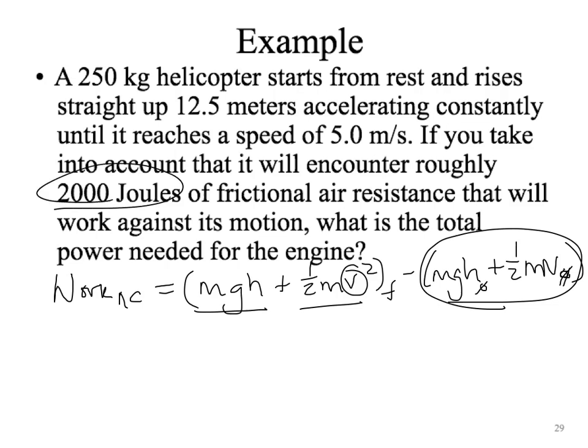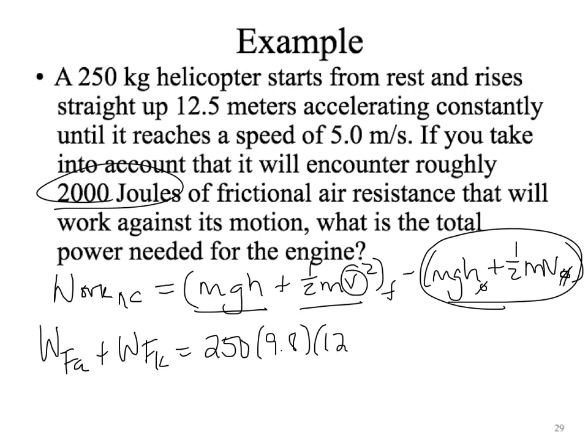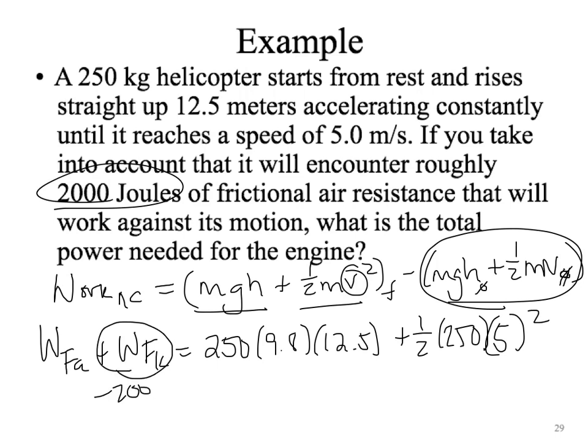joules of energy. So if I look at work done by the applied force plus work done by the friction force, what that's going to equal is the mass of the helicopter, 250, times 9.8, times the 12.5 meters high, plus one half mass times the 5 meters per second squared. I do want to consider the fact that there is a negative 2,000 joules here.